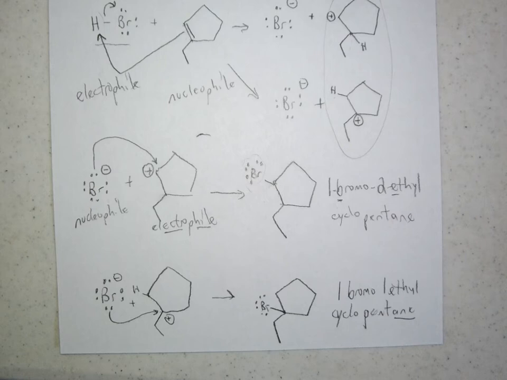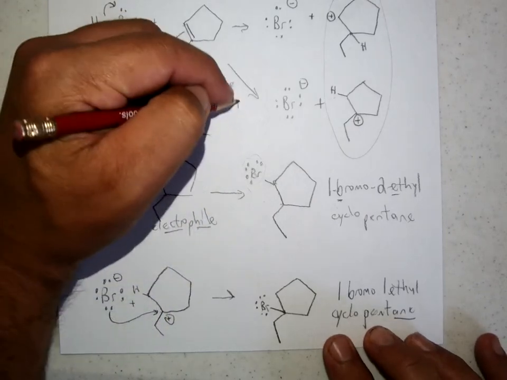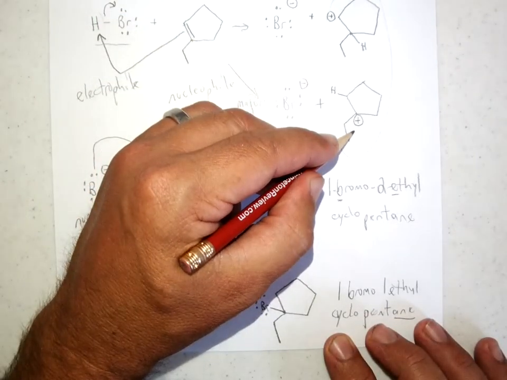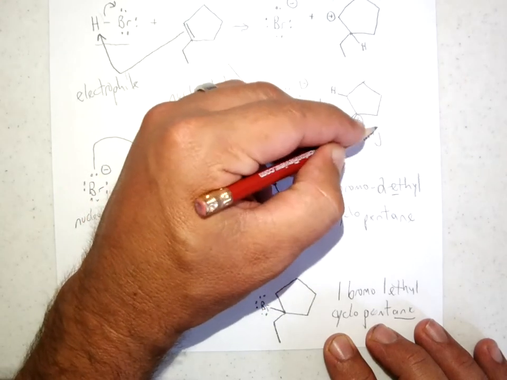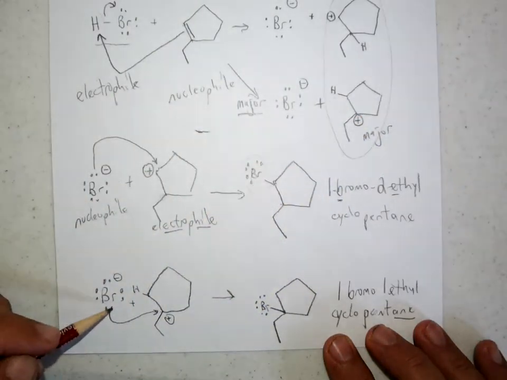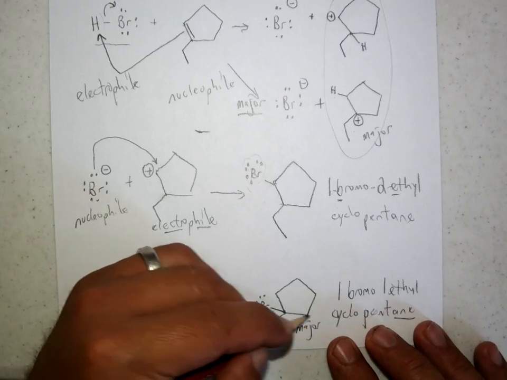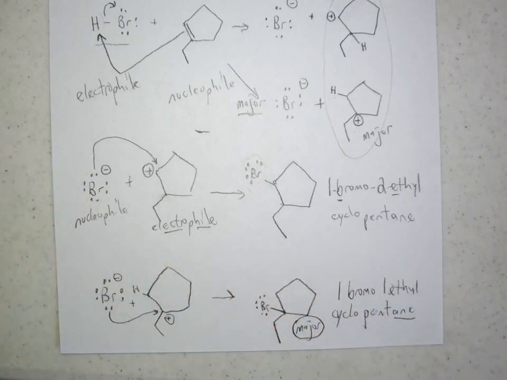The other thing that we might want to mention, which is really important here, is the major pathway is the one to the more stable tertiary carbocation. So the major pathway leads to the major intermediate. The major intermediate leads to the product that we get more of. So we're going to get more of the 1-bromo-1-ethyl cyclopentane.